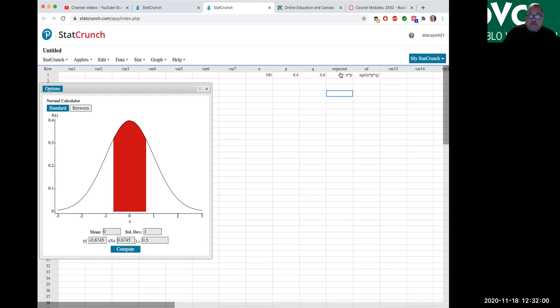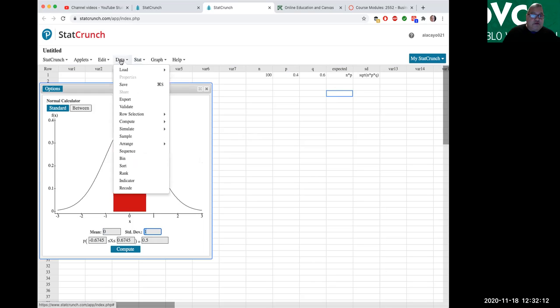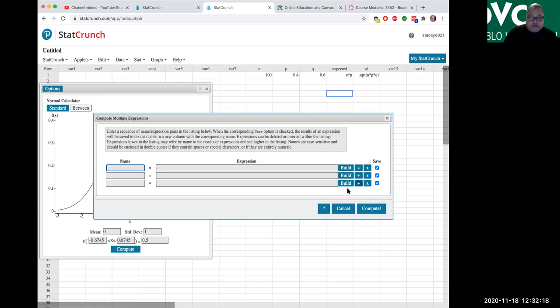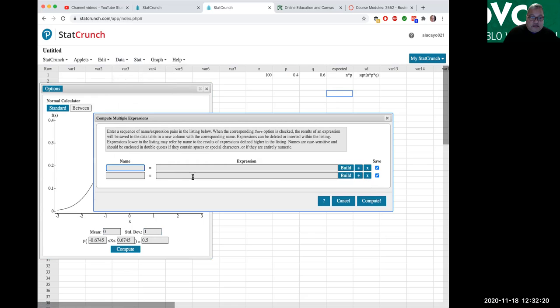So now the expected value and the standard deviation value are going to supplant the 0 and the 1 of the standard normal calculator. So let me go ahead and calculate the expectation and the deviation. I'm going to go Data, Compute, Multiple Expressions, because I'm going to do 2 expressions.